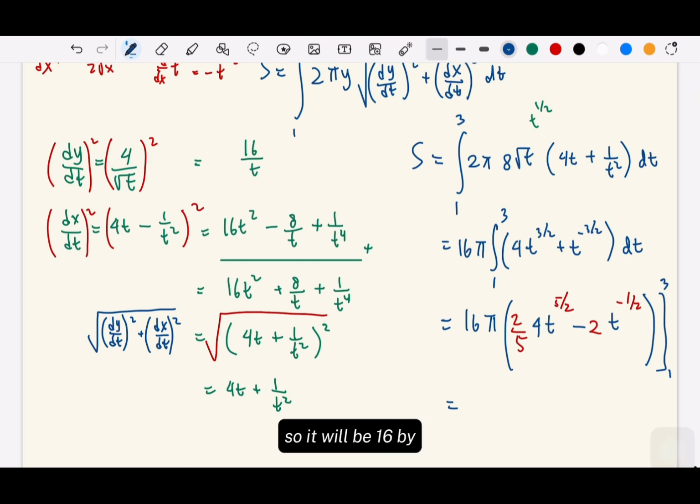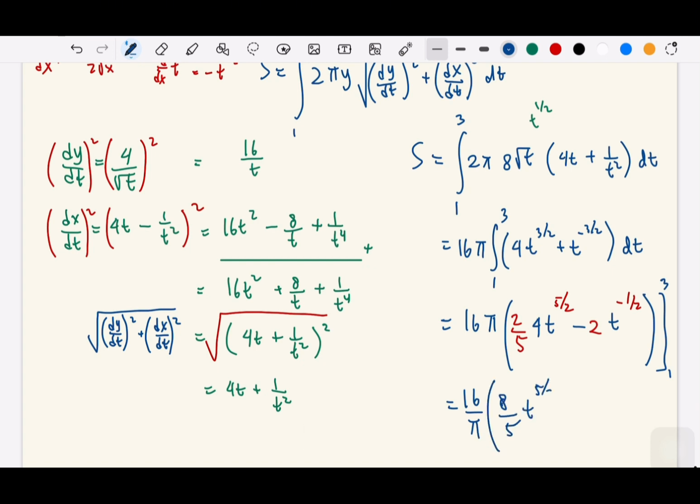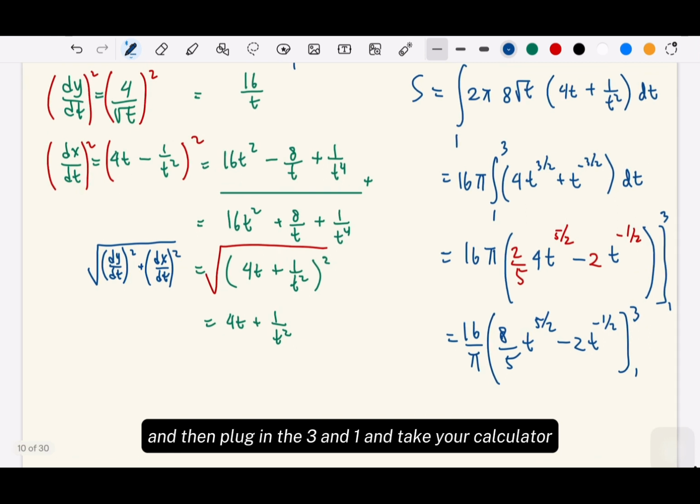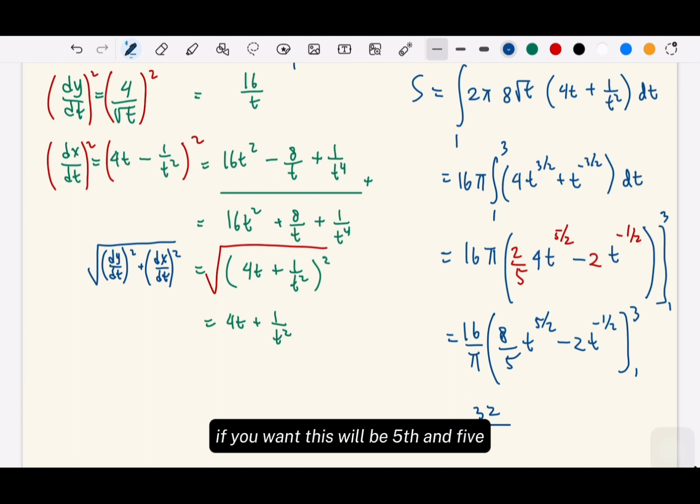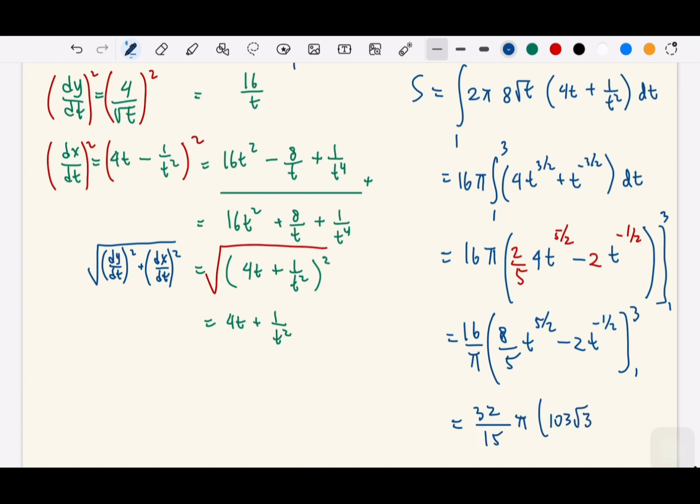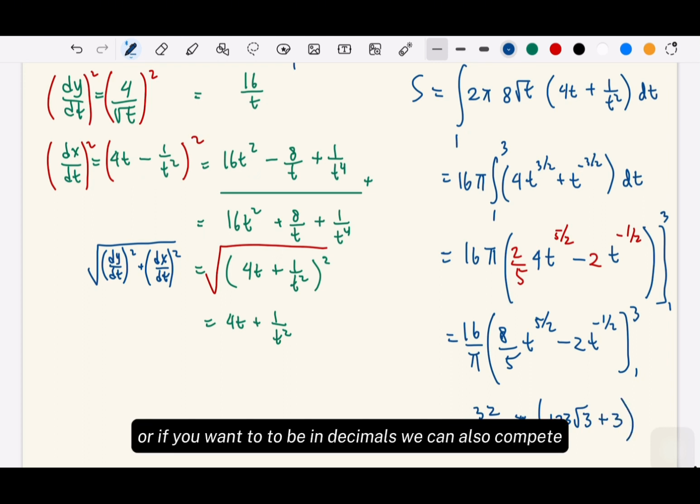So it will be 16 pi, 8 over 5t, and then plug in the 3 and 1. You can take your calculator. If you want, this will be 15 pi. Or if you want to be in decimals, you can also compute. But if you stop here, it should be fine. Should be okay.